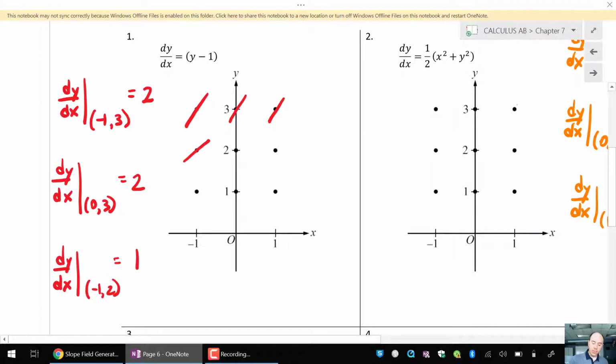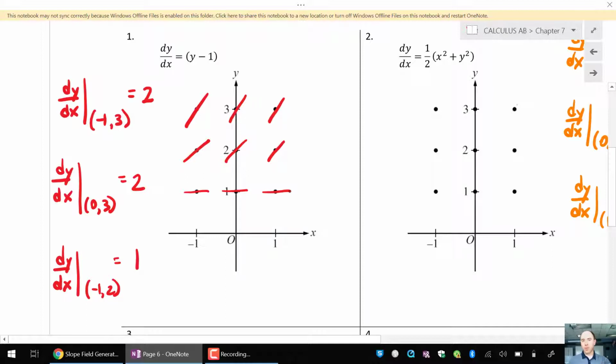And then, of course, 0, 2 would have a slope of 1. 1, 1, another slope of 1. But then what's going on at these lower points? -1, 1, 0, 1, and then 1, 1. Well, when y equals 1, dy dx, the slope, is equal to 0. So I have a horizontal on all 3 of those points. And that would be my slope field sketch.